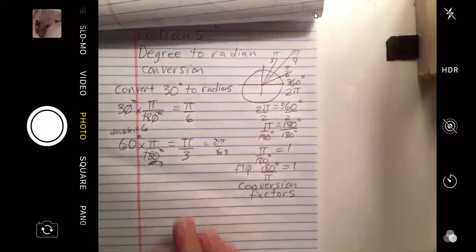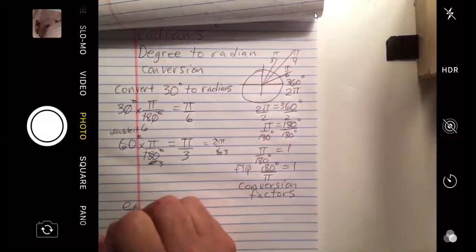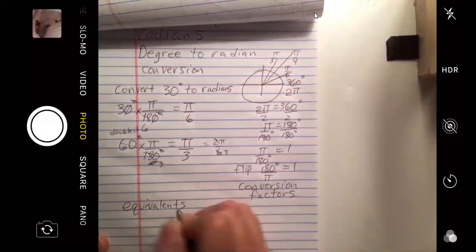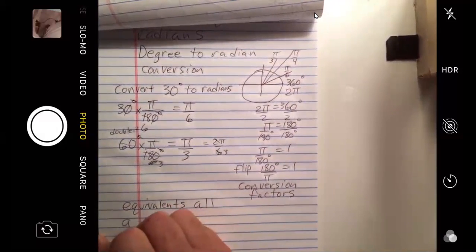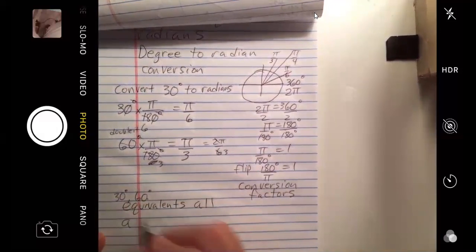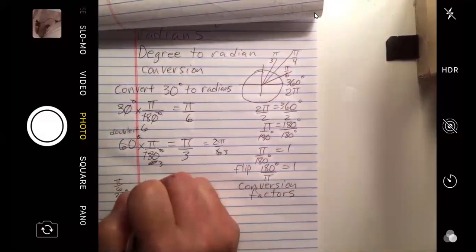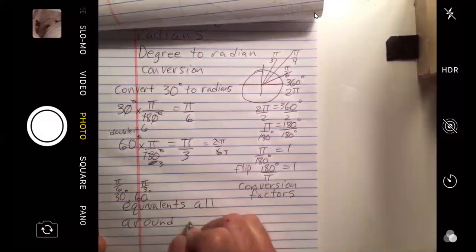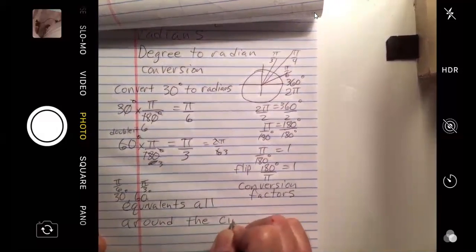Let me give you the equivalents all the way around the circle. This is the 30 degree, 60 degree, or pi over 6, pi over 3 around the circle.